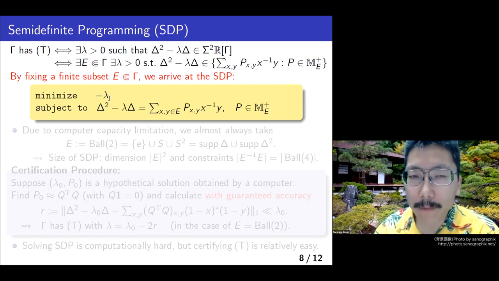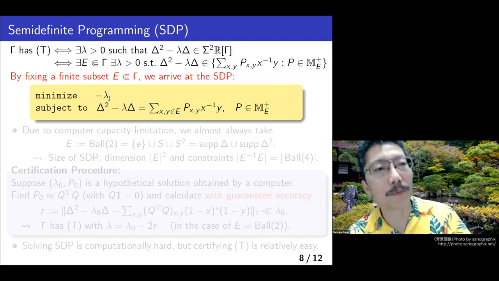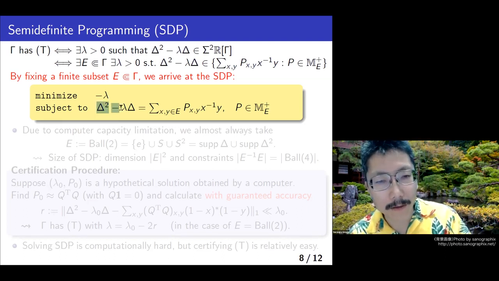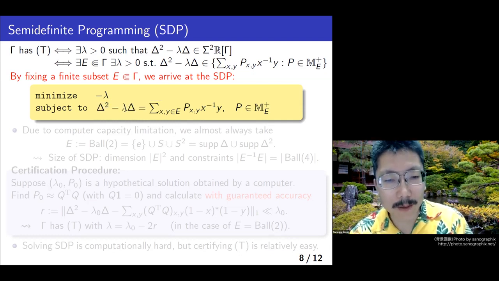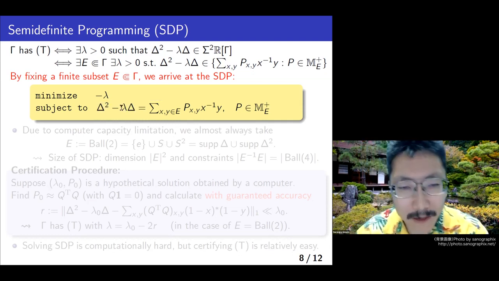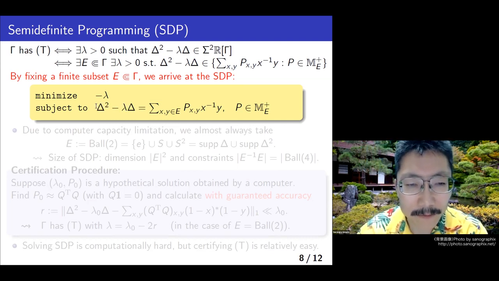Even if gamma has property T, there's no a priori estimate of how long it takes to find the solution. It may be 3 minutes, it may be 300 years, etc.